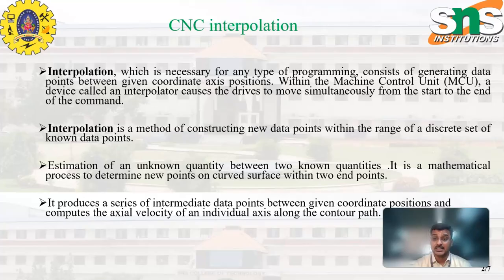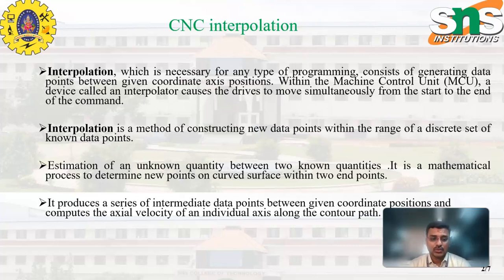It's a method of constructing new data points within the range of a discrete set of known data points, which is the main part where all the axes will be connected. It is the estimation of an unknown quantity between two known quantities. This is used in almost all CNC operations. We need that mathematical process to determine the new points between the two endpoints.